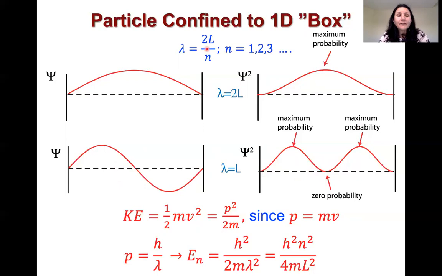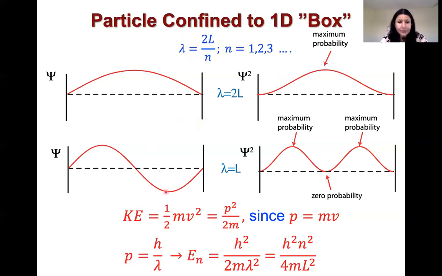Like for our more classical string fixed to two ends, we have that same pattern of allowed wavelengths that our particle wave can have, 2L over n, where n is any positive integer. And what we can do now is relate this to energy, specifically the kinetic energy of our particle, because our particle is just inside this box, and the only type of energy it can have is kinetic.